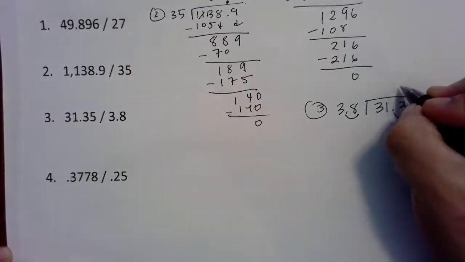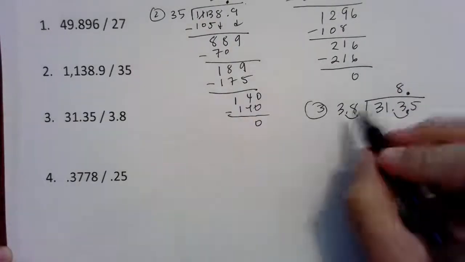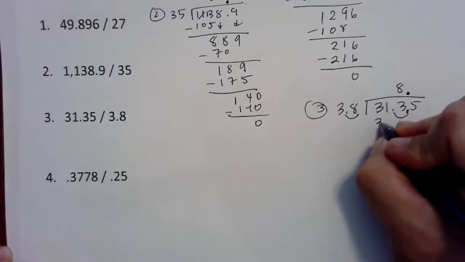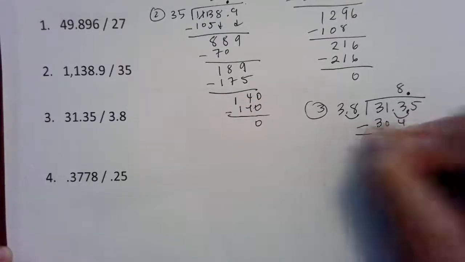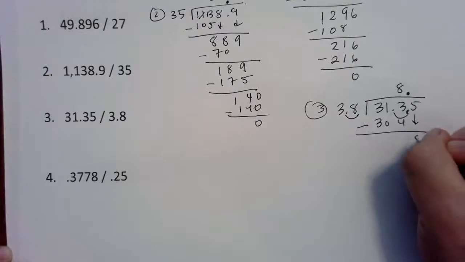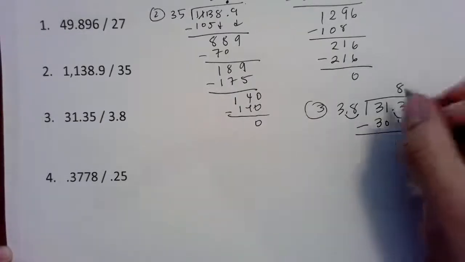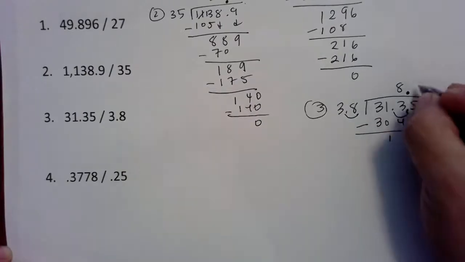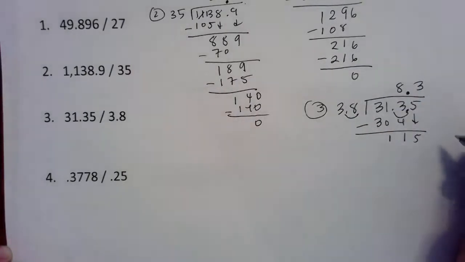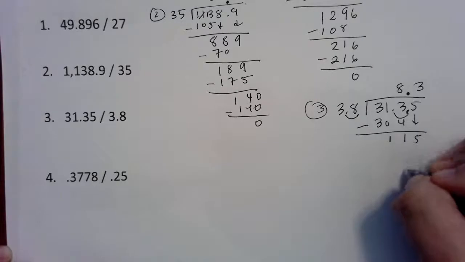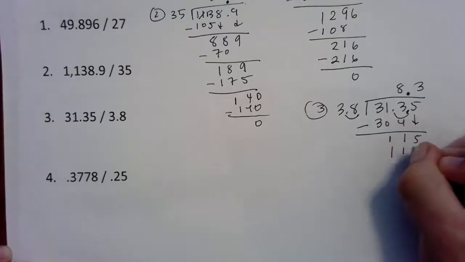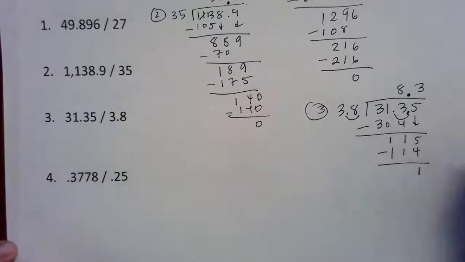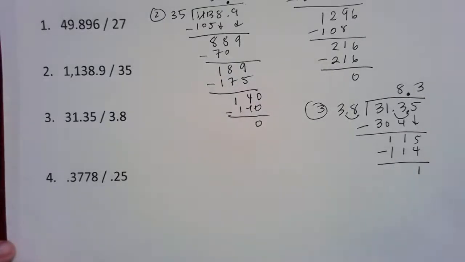So 8 times 38, because I moved the decimal over, that's 304. Okay. So subtract. Bring down what's left. How many times does 38 go into 115? If we do 3 times, then 38 times 3 is actually 114. Okay, that's a 1.